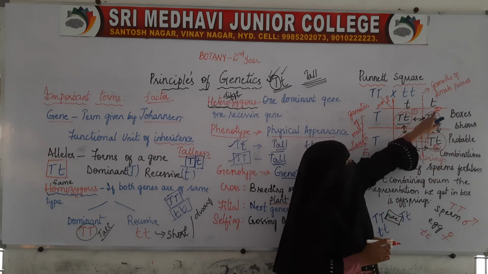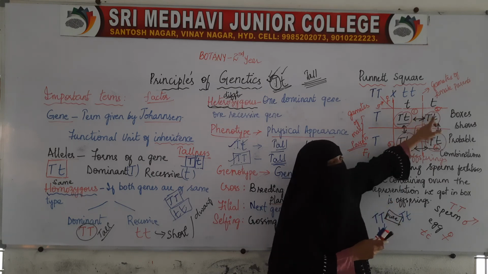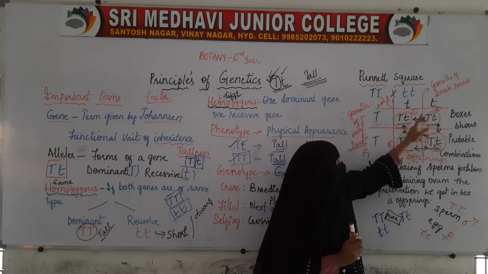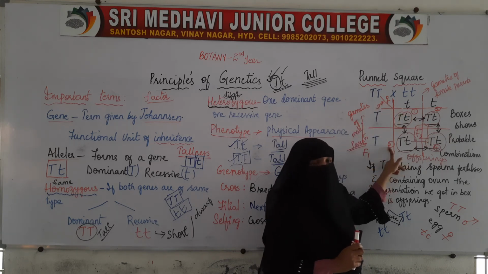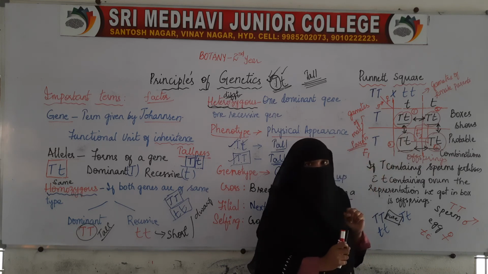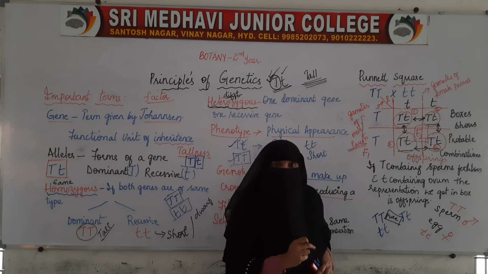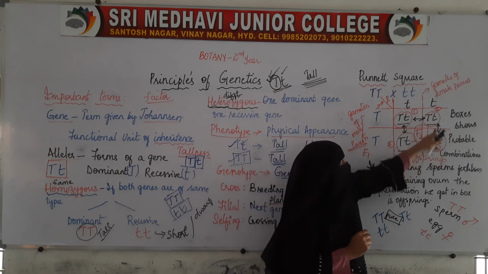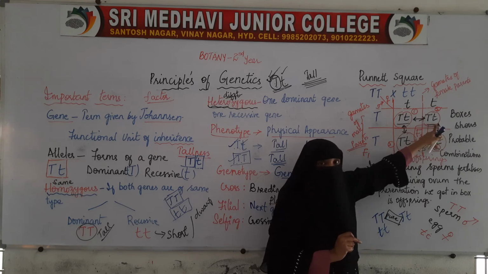If reproduction takes place between 1 and 2, it is called selfing, because 1 and 2 are of the same generation. If the cross is between 1 and 3, it is also selfing, because they are of the same generation. If between 3 and 4, it is also selfing. If between 4 and 2, it is also selfing, because they are of the same generation.